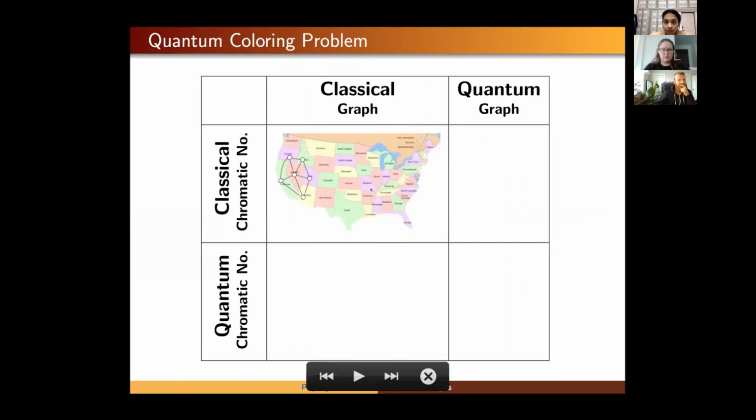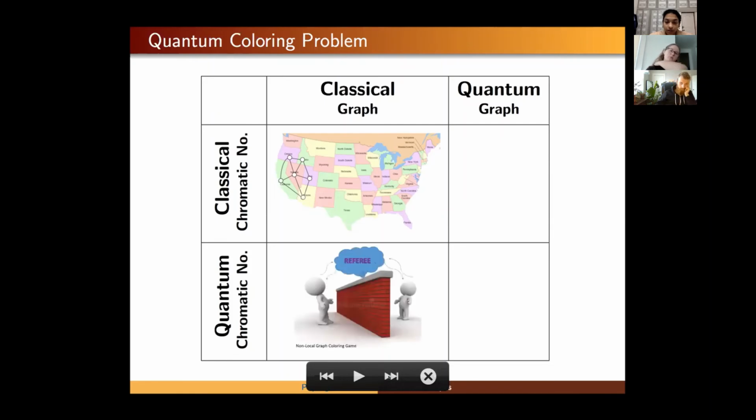So for example, if you think of the US map as a graph where every state represents a different vertex and the borders represent edges, then a coloring means that every state is given a color such that two states that share a border do not receive the same color. And the least number of colors you need is known as the classical chromatic number of the classical graph.